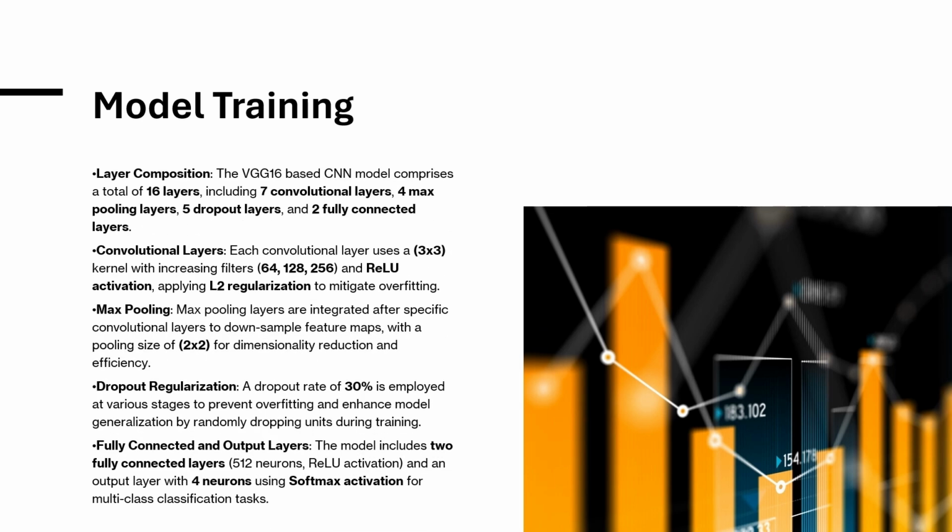In the model we have a total of 16 layers, including 7 convolution layers, 4 max pooling layers, 5 dropout layers, and 2 fully connected layers. I use ReLU as the activation function and a dropout rate of 30%.